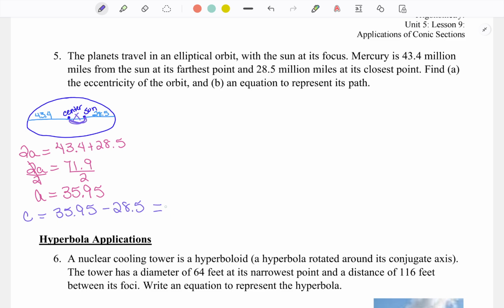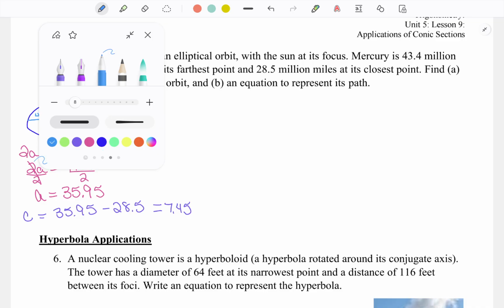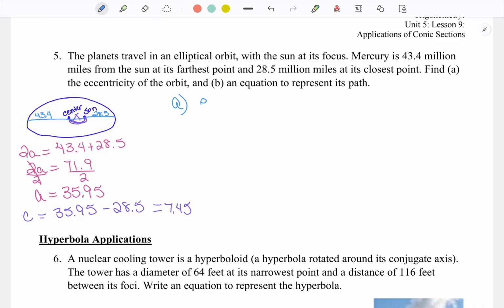So that is going to be 7.45. So then to find our eccentricity, which is part A, we have E equals C over A. And so E is going to equal C, which is 7.45 over A, which is 35.95. And so that gives us approximately 0.21.